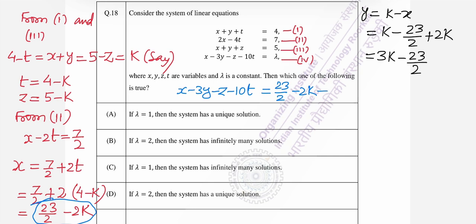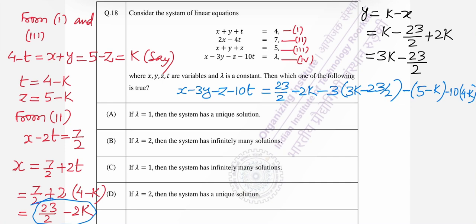Thereafter minus 3 times y, and y is our 3k minus 23 by 2. Thereafter minus z, at the place of z we can type 5 minus k, and the last one is minus 10t, so minus 10, and at the place of t we can write 4 minus k.